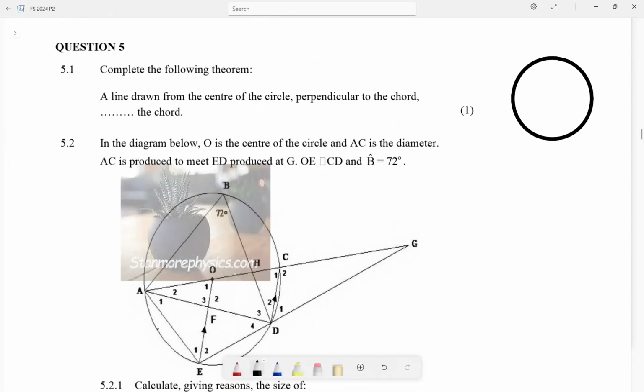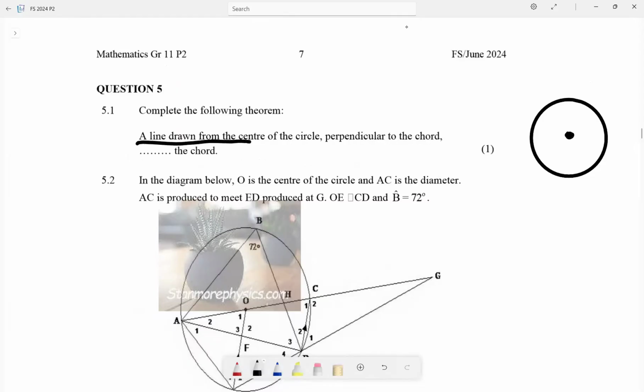Let me quickly draw that for you. Okay, they say a line drawn from the center of the circle.